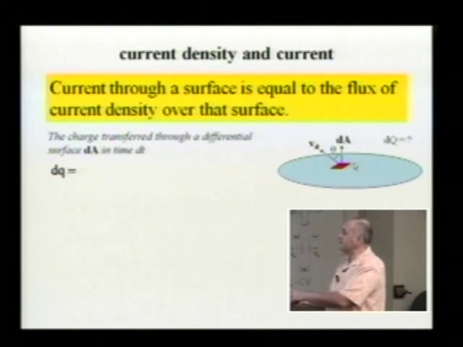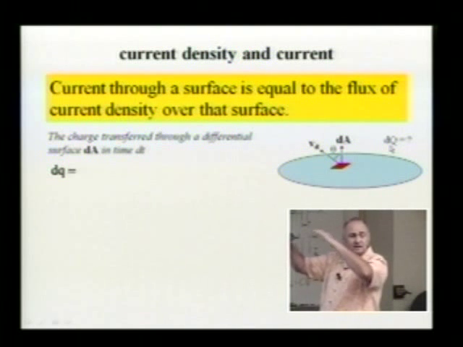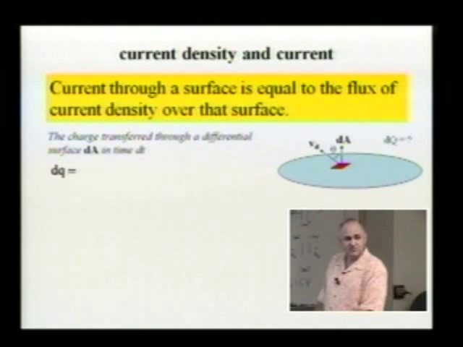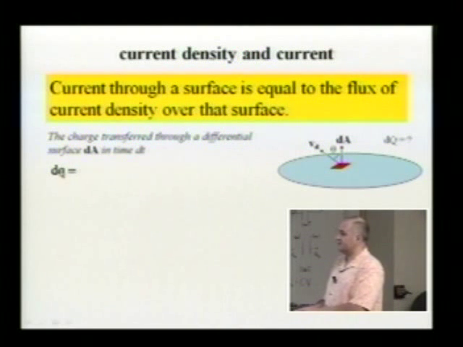So how is small dq related to capital dQ? I have to add, right? Small dq is just through a tiny fragment of the surface. I have to add over all tiny parts of that surface to get capital dQ, because capital dQ is the charge passing through the entire surface in time dt. Small dq is the charge passing through just one differential fragment of that surface.